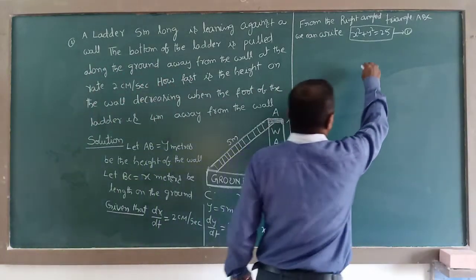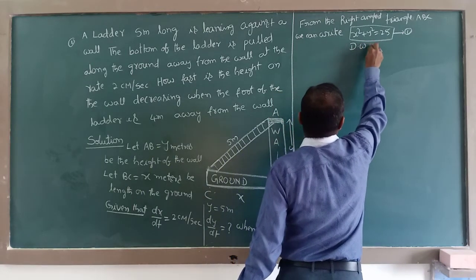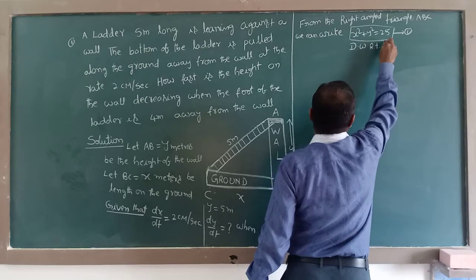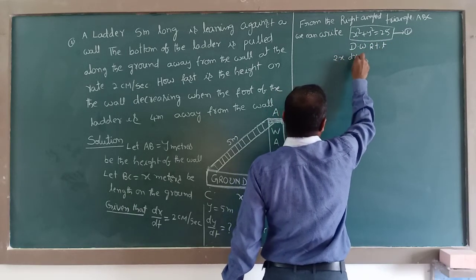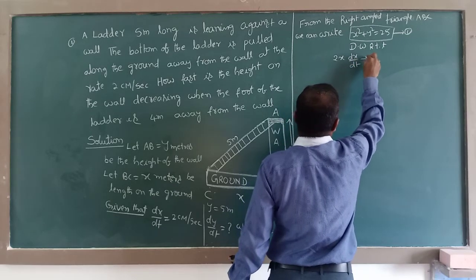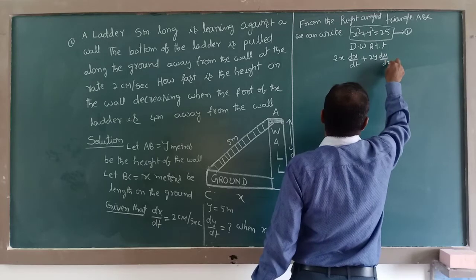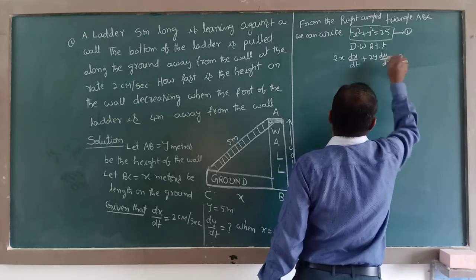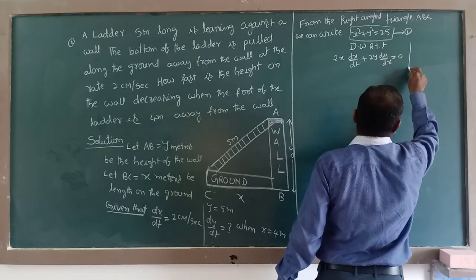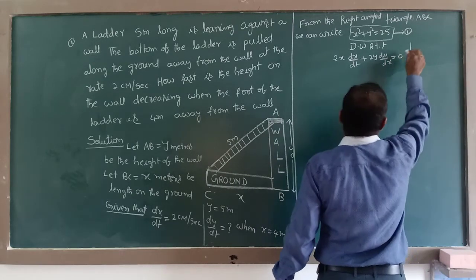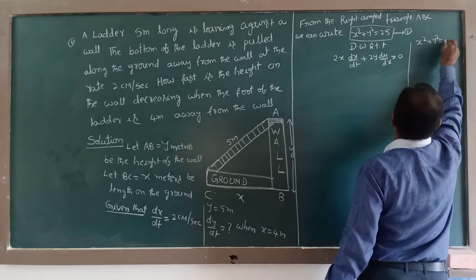See here, and for this you must and should take differentiation with respect to t here. That is 2x into dx by dt plus 2y into dy by dt is equal to 0 here. At the same time, from this we are going to find one more: x square plus y square is equal to 25.